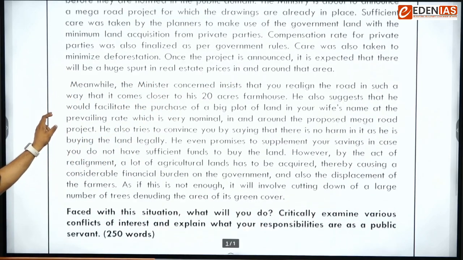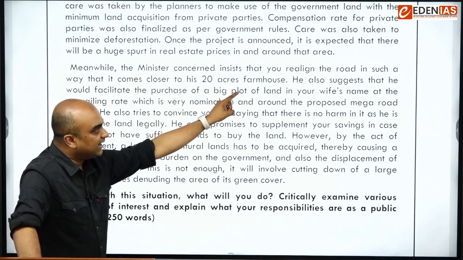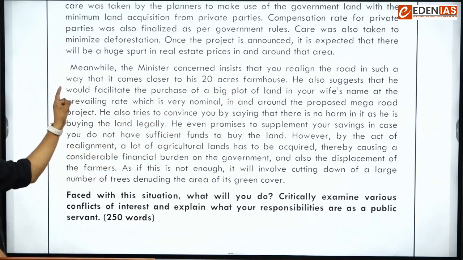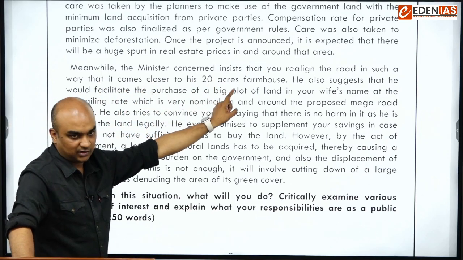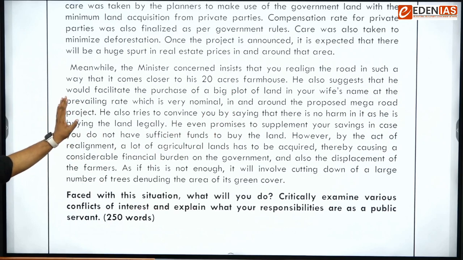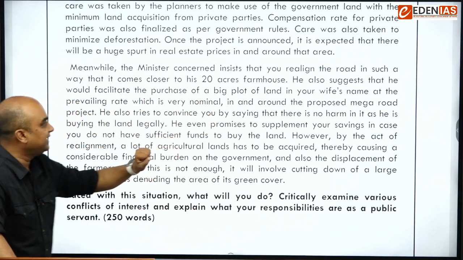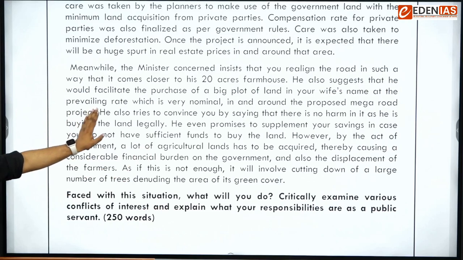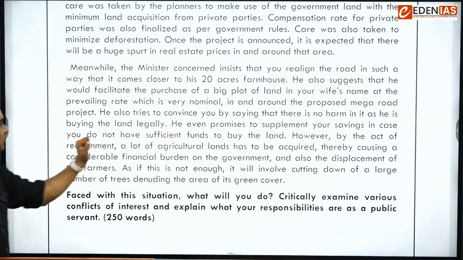Meanwhile, the minister concerned insists that you realign the road in such a way that it comes closer to his 20 acres farmhouse. He also suggests that he would facilitate the purchase of a big plot of land in your wife's name at the prevailing rate, which is very nominal, in and around the proposed mega road project.